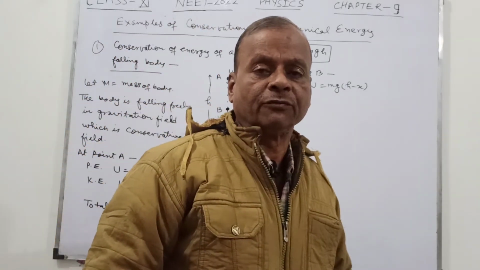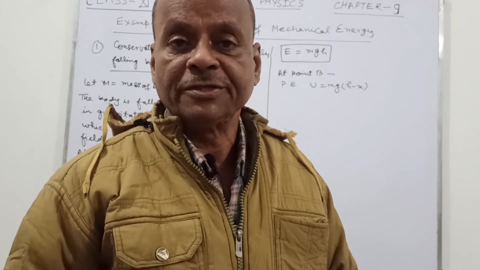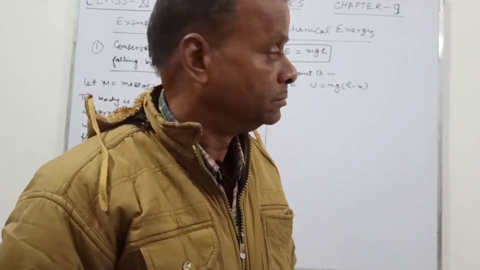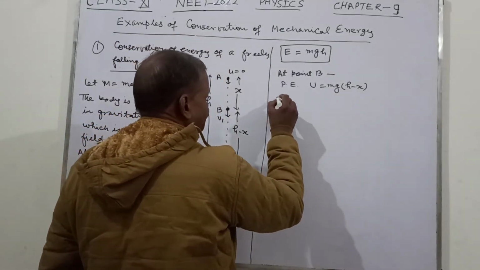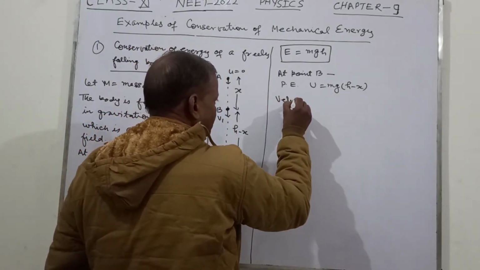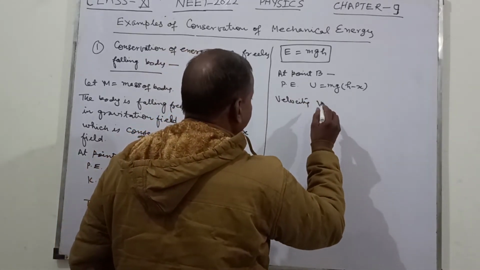Always remember that whenever we are finding the gravitational potential energy, height is always measured from the ground. Now velocity v1.